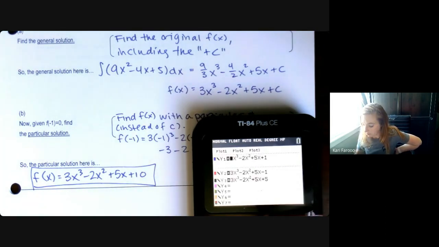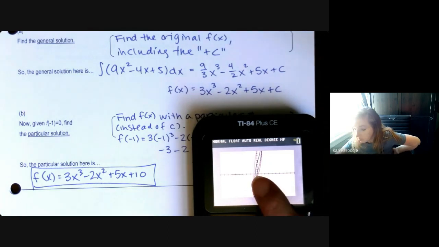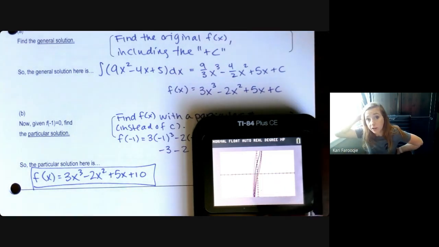But now if I use the particular solution that we found, 3x cubed minus 2x squared plus 5x plus 10, that was our particular solution. When we graph that, you're going to see now that our new curve does indeed cross this point at -1, 0.